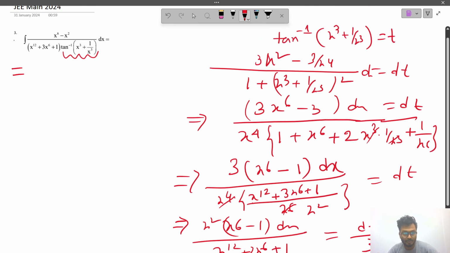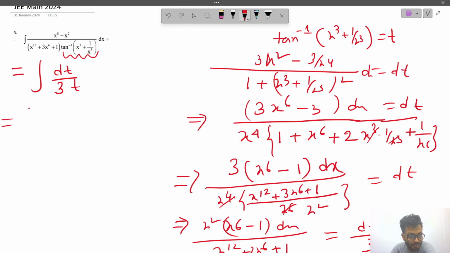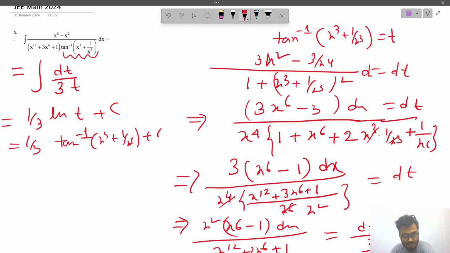So we get this whole integration as dt upon 3, and this is our t, right? So this is equal to 1/3 ln t + c. So this is nothing but 1/3 ln(tan⁻¹(x³ + 1/x³)) + c. So this will be our answer.